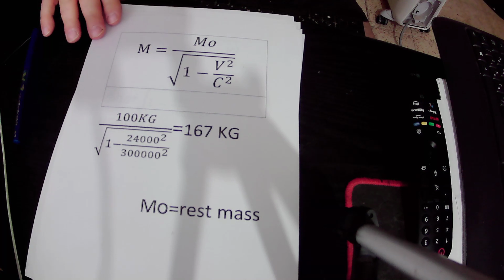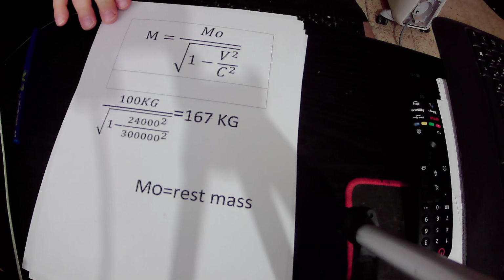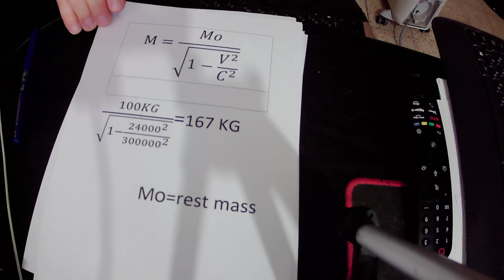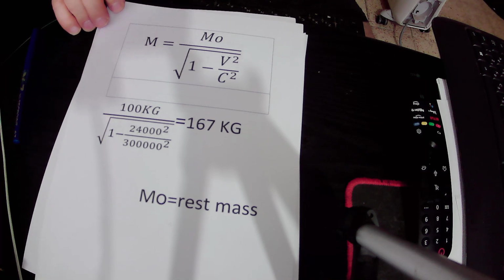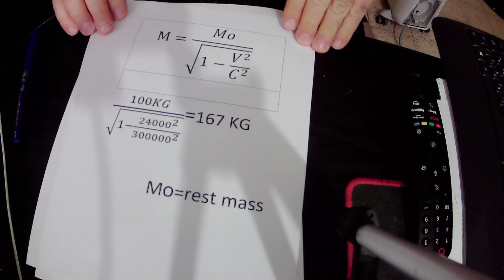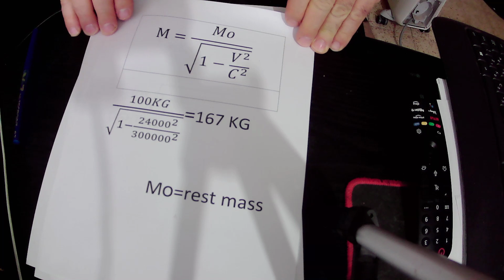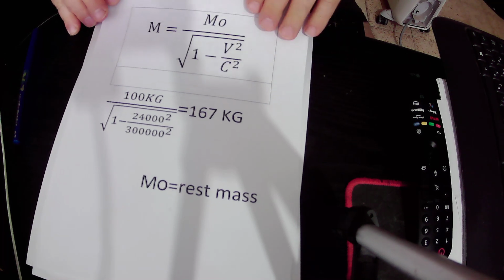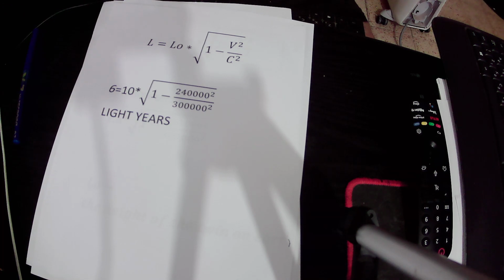Now I will continue to talk about the second phenomenon that occurs when someone or an object moves in the space of a spaceship at very high speed. The second phenomenon is the length contraction.